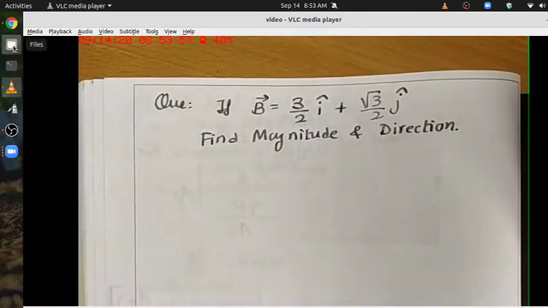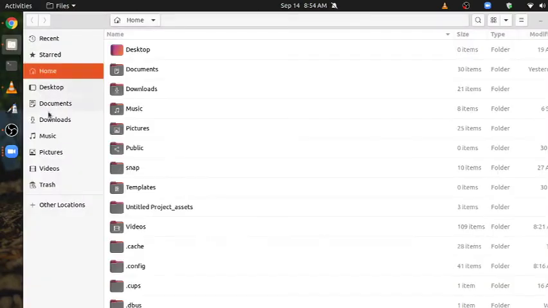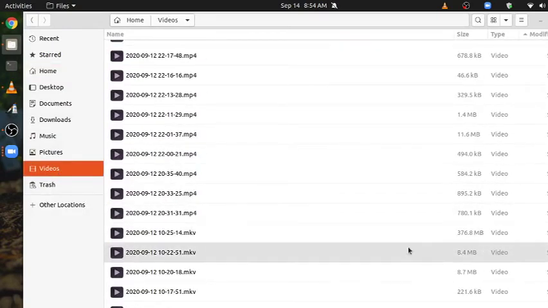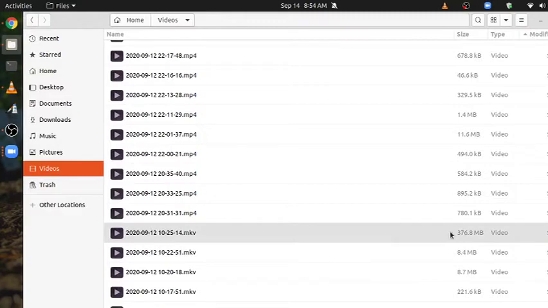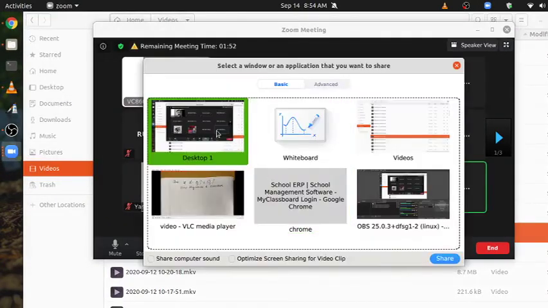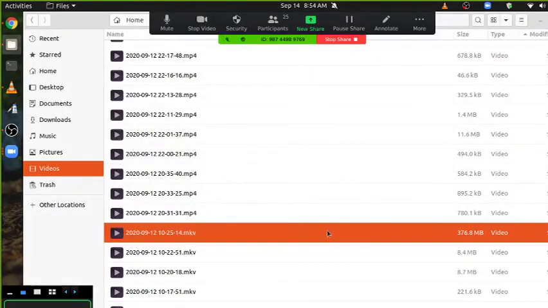This file will come here after recording. It will be around 376. Can you see this? Have I shared my screen with you? No, sir. It will come here something like this. It will make an MKV file of 376.8.